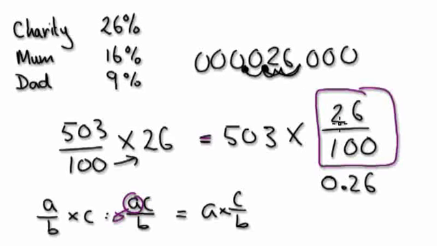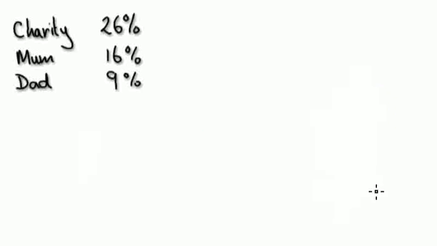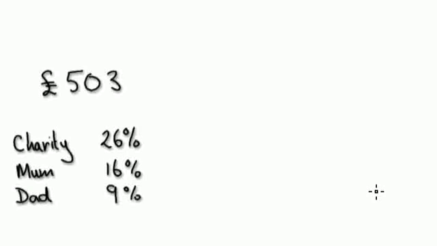So 26 divided by 100 is 0.26. When you want to work out 26% of this, you just get your original times 0.26. I know you may prefer the other way, but stick with this method for the time being, because it will be very useful later on.